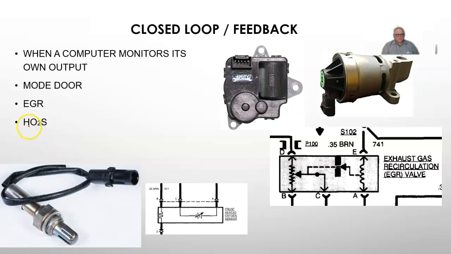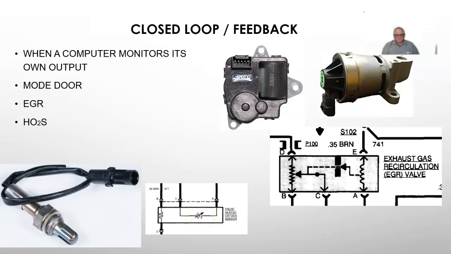The most common place you're going to hear the closed loop term is with the heated O2 sensor. Some people get really hung up and they think closed loop O2 sensor. Remember, closed loop or feedback is a computer monitors its own output. We have that happening in multiple places in the car. Here's your heated O2 sensor. O2 sensors start working at about 600, 700 degrees, so we need to heat them up to keep them working, and it produces a variable voltage signal.